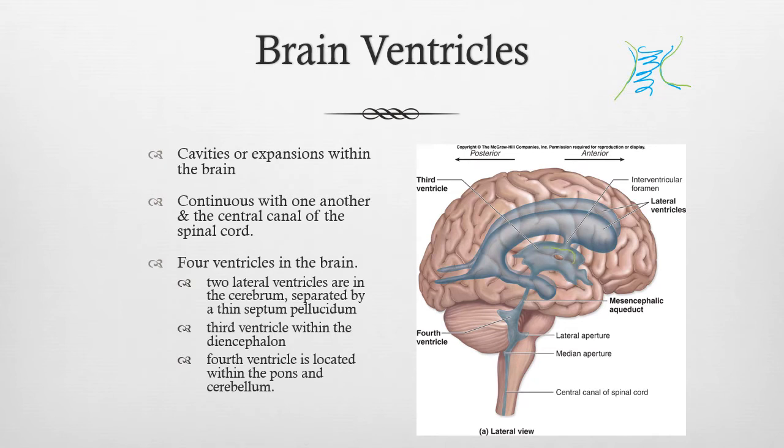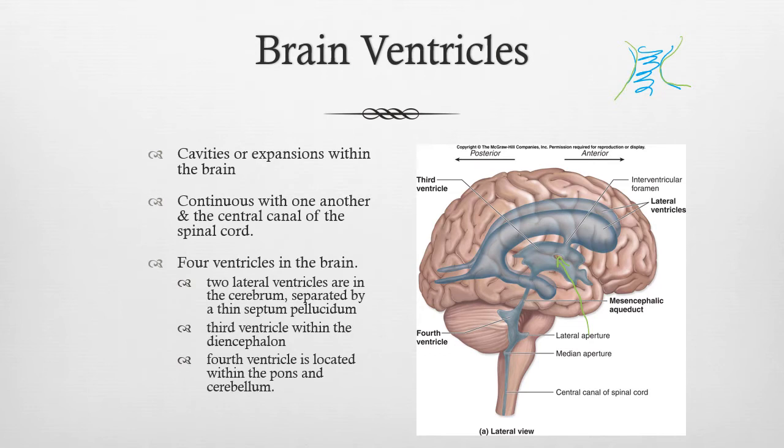So all of this space inside here is the third ventricle itself. We can see where that brain portion comes in, and we have an empty spot in that third ventricle. This is where the thalamic adhesion is located within the diencephalon itself.